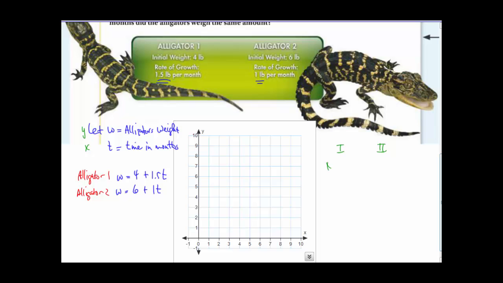We'll use our input T, and then out comes W. We can just use our x-axis, or in this case our T, for 0, 1, 2, 3, 4, or a few points to help us draw the graph, and then do the same thing with both alligators. So we always choose 0, and then we can choose 1, 2, 3, 4.